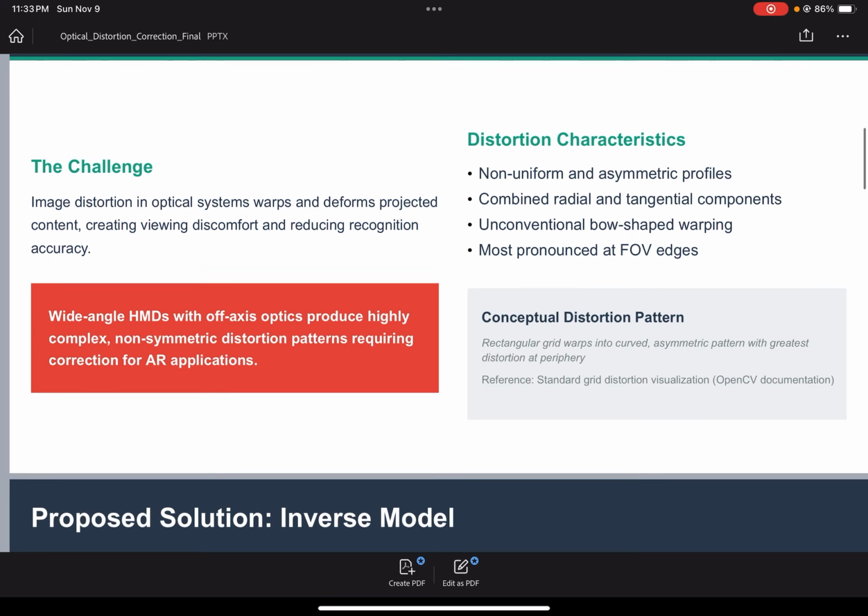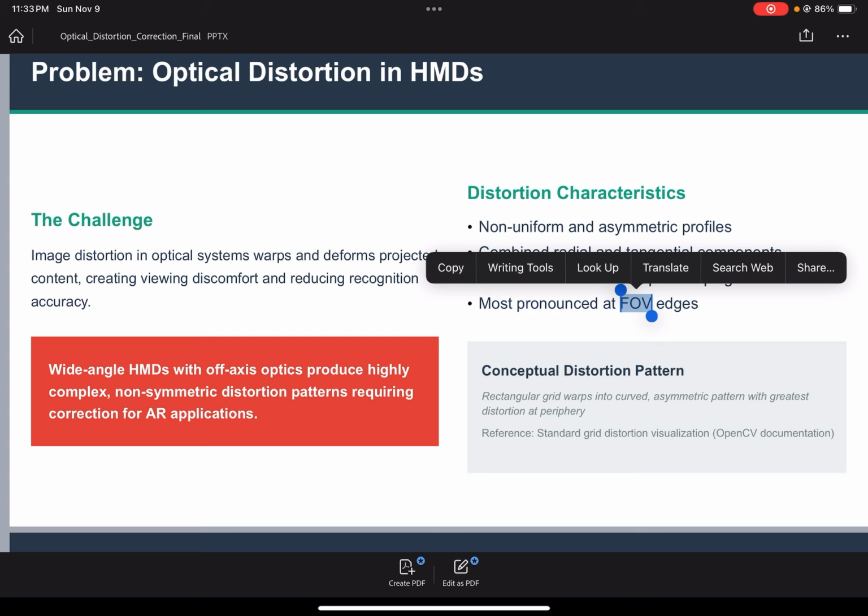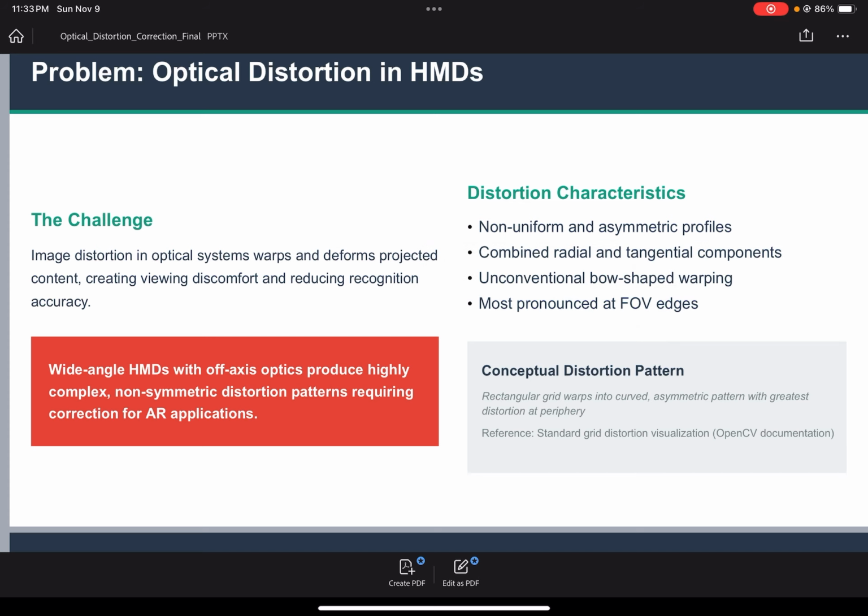I have to clarify something here. The FOV, or field of view, is the extent of the observable area visible through the device, measured in degrees. For example, 40 degrees by 30 degrees.